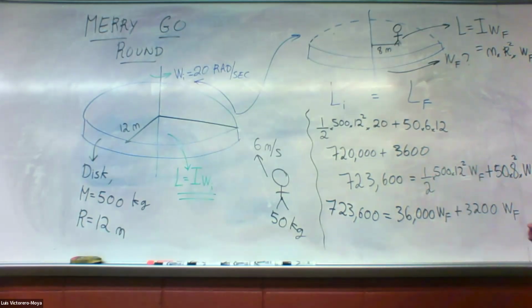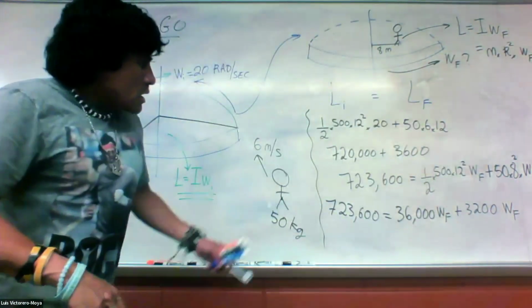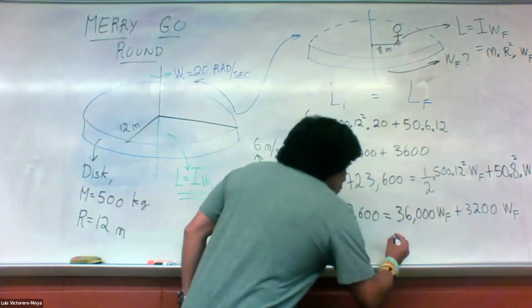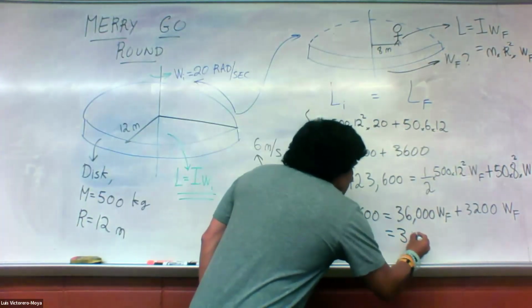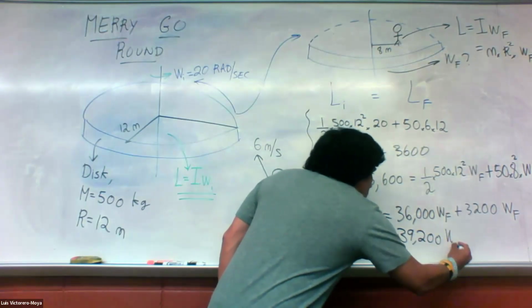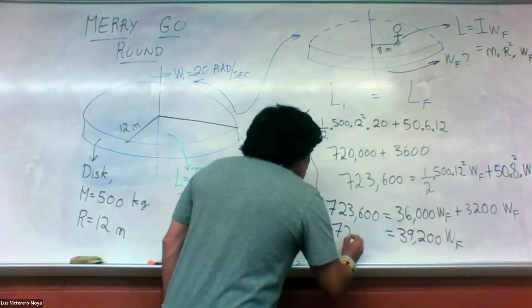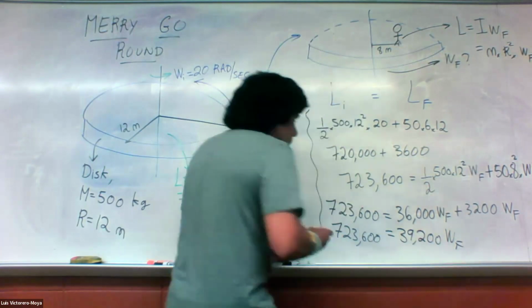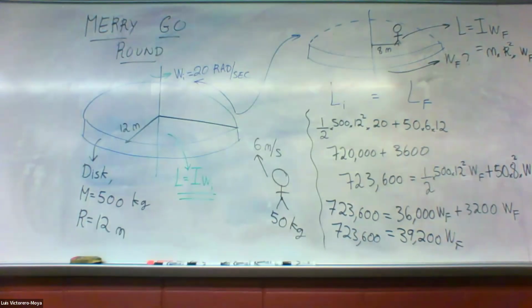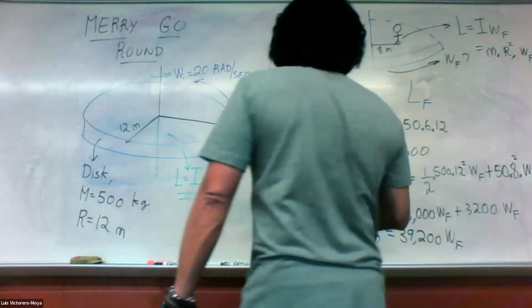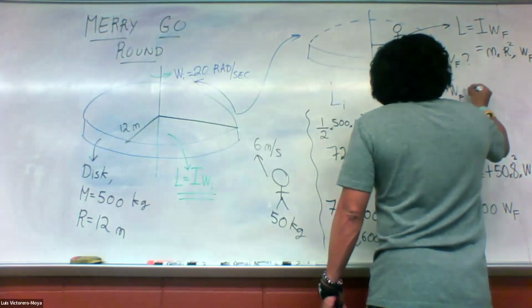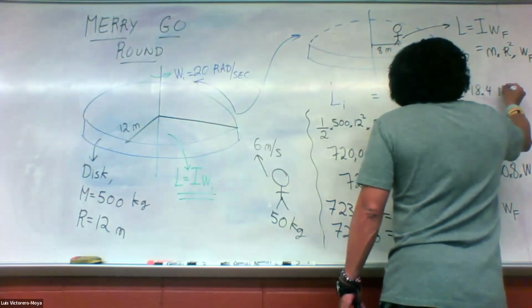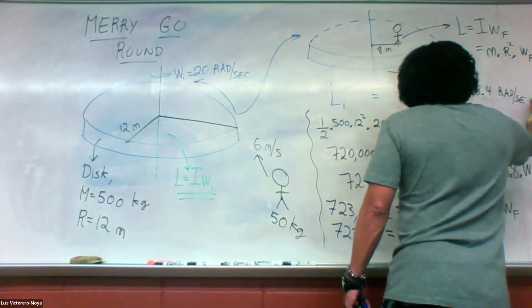So I just have to do the algebra. 36,000 plus 3,200 is 39,200 W final equals this. And I just divide. 723,600 divided by 39,200, 18.4. All right, I get W final 18.4 rad per second.